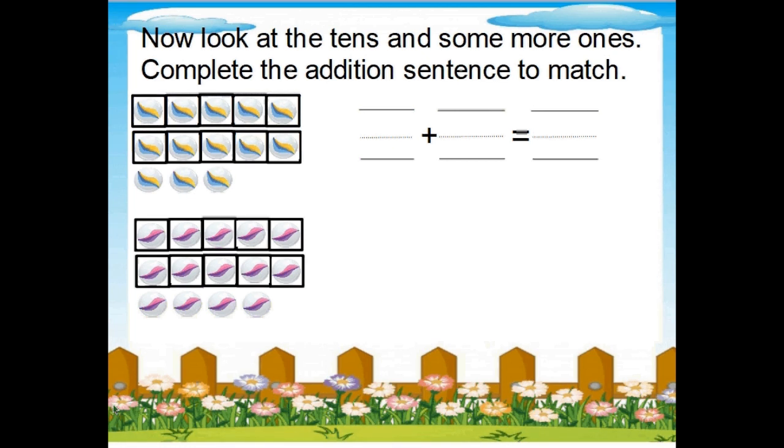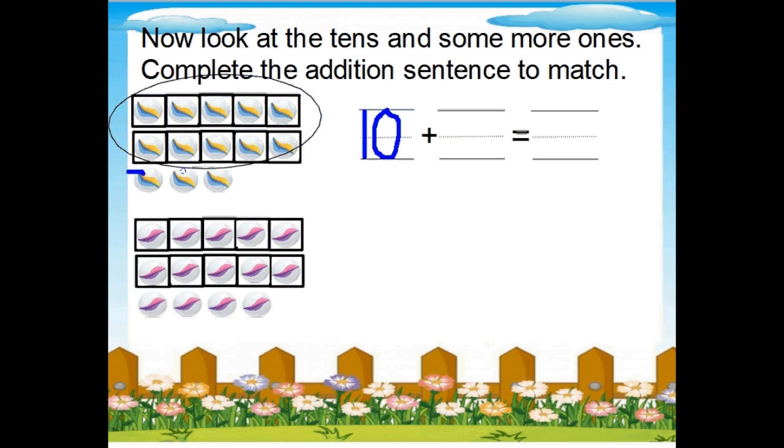Now look at the tens and some more ones. Complete the addition sentence to match. How many blue and yellow counters are in the 10 frame? There are 10. How many more are there?